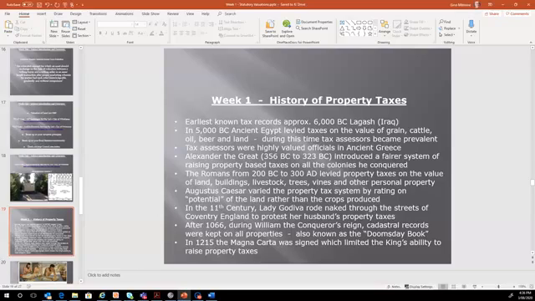So Augustus Caesar, when he was in power, actually varied the property taxing system to not only take into account the land and the crops, but he came up with a system where he would tax properties on their potential rather than the crops they produced.